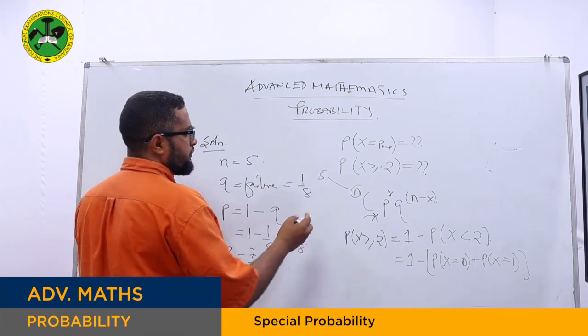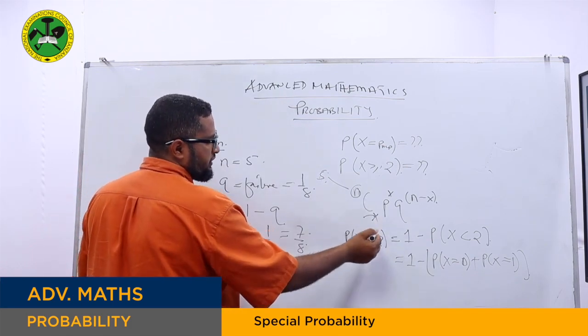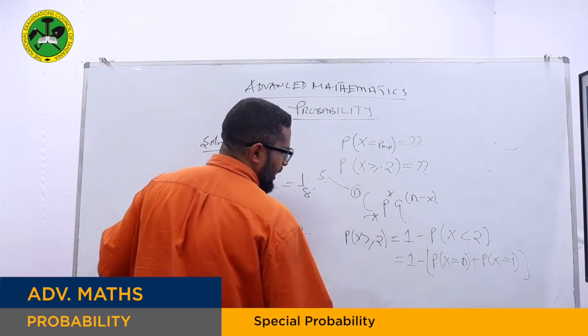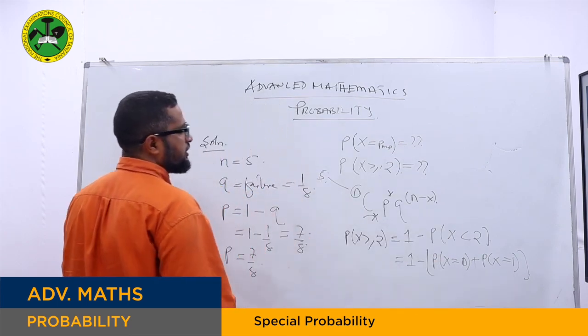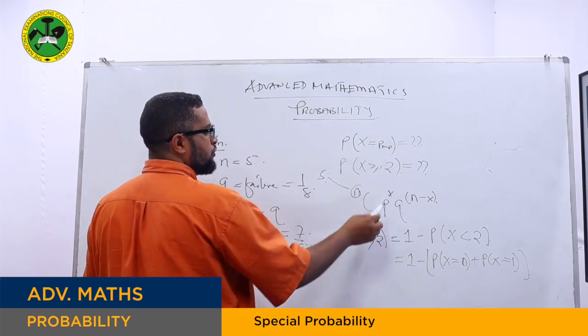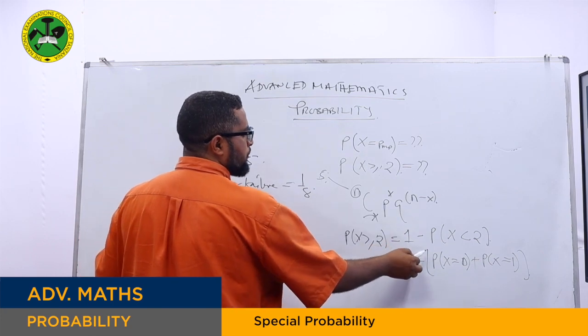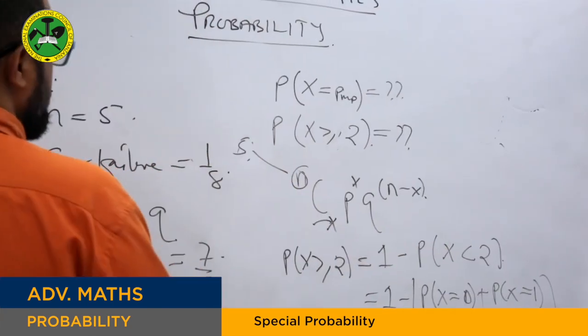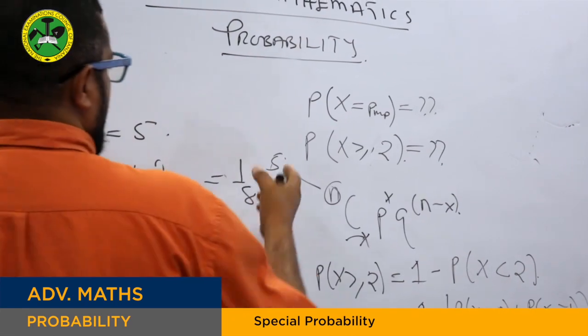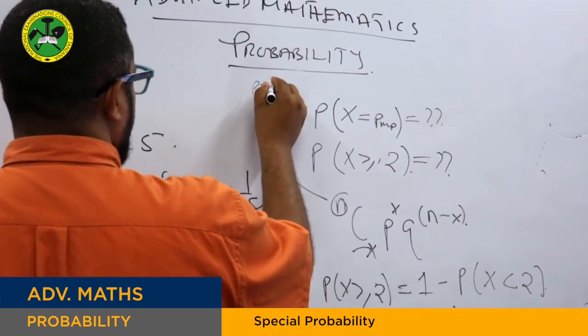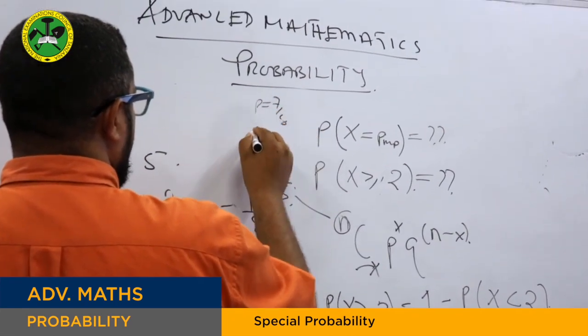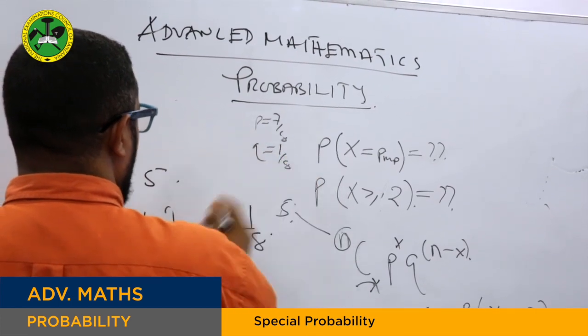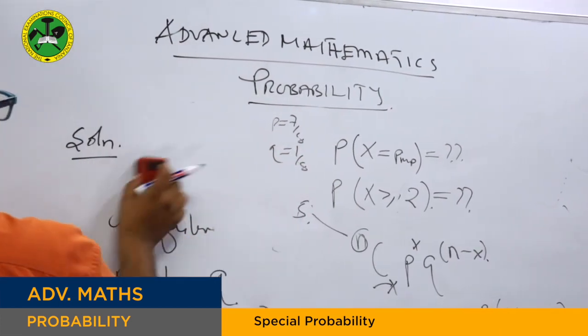We have our n as 5, and x as 0 and 1 as per our formula. Also, our p is 7 over 8, q is 1 over 8, just as a reminder.